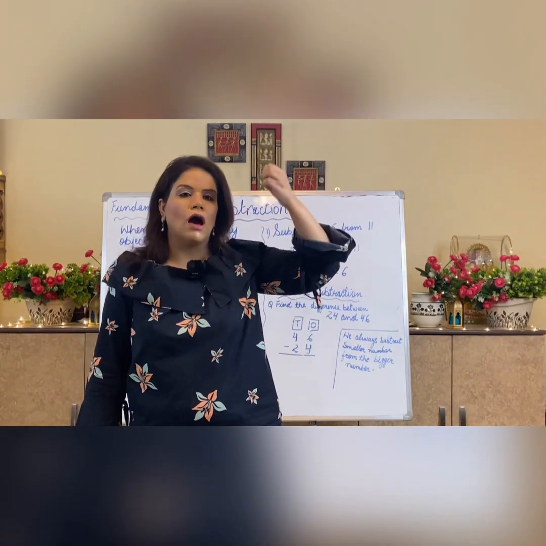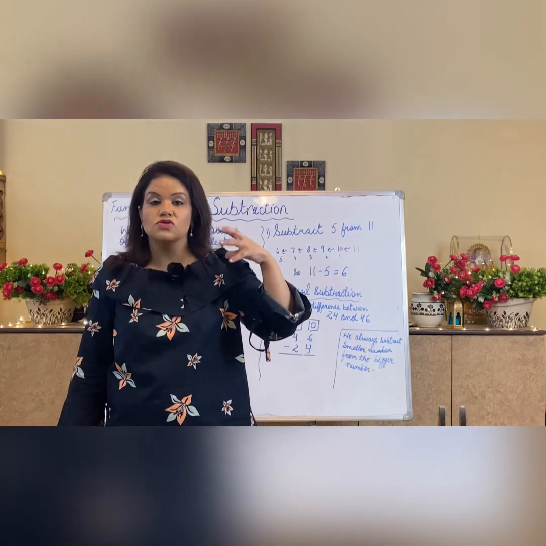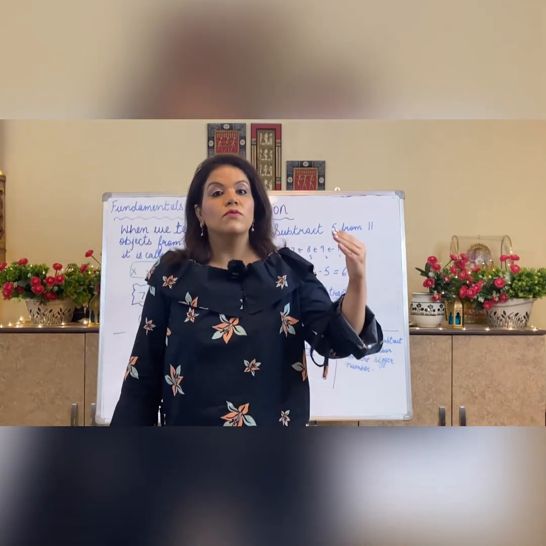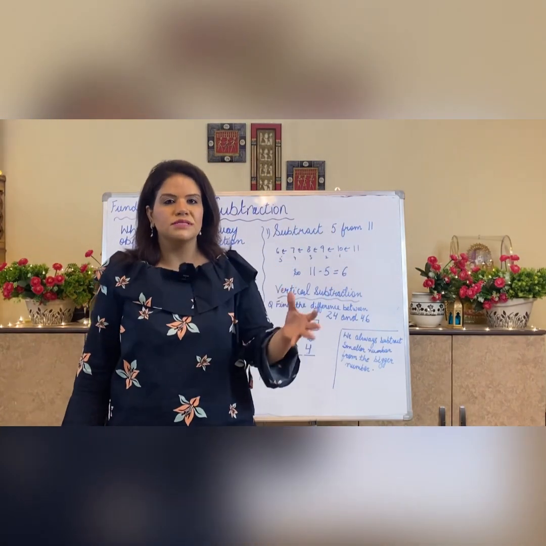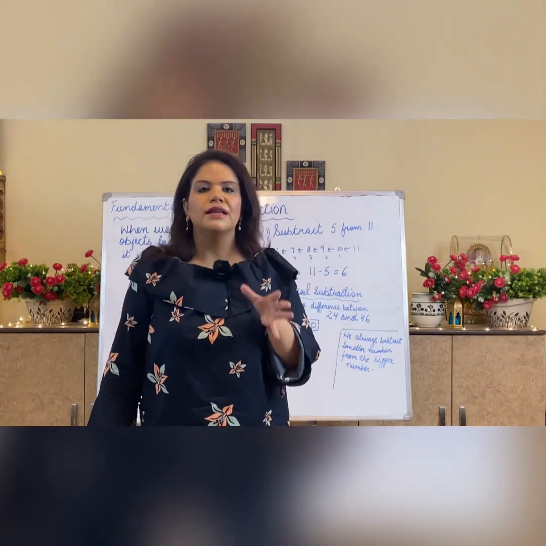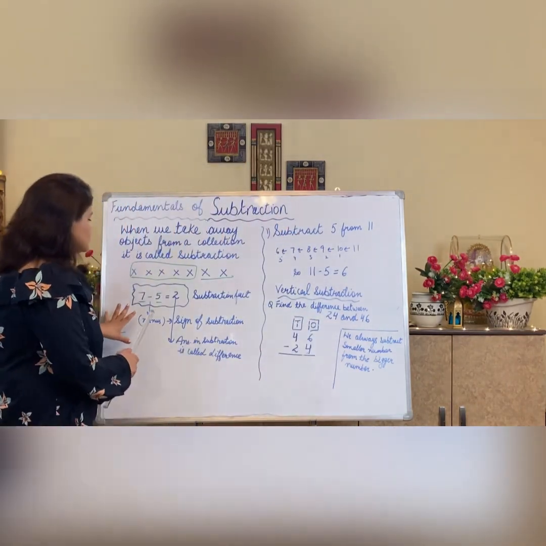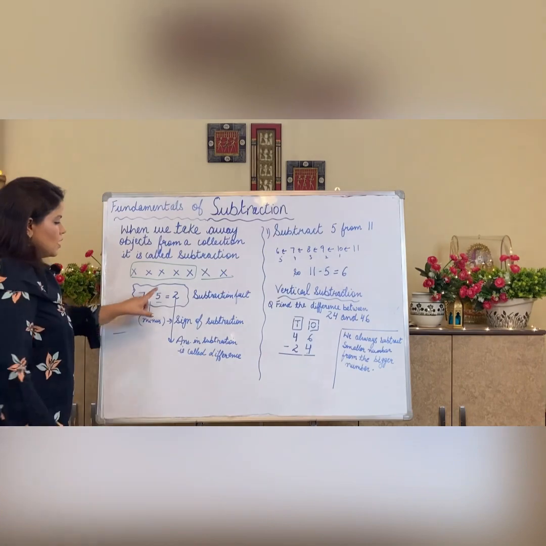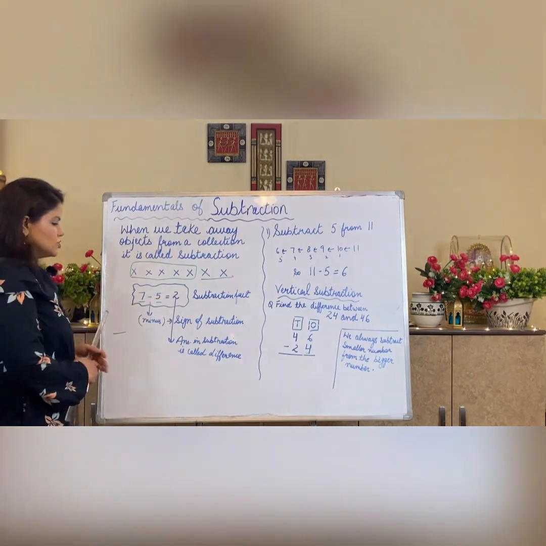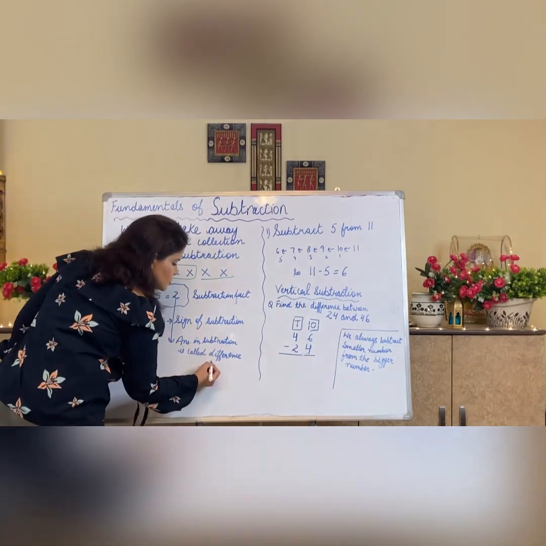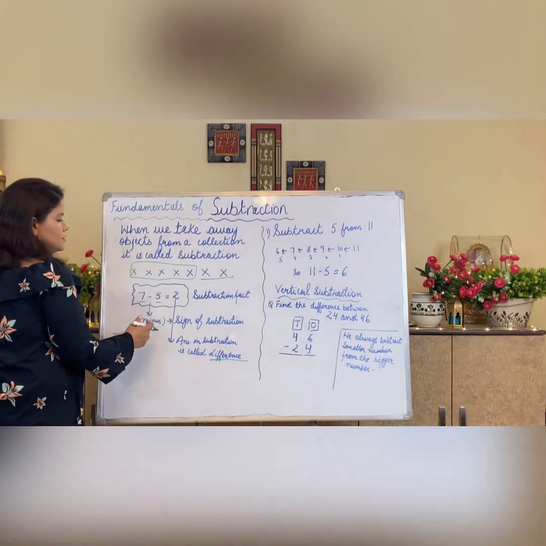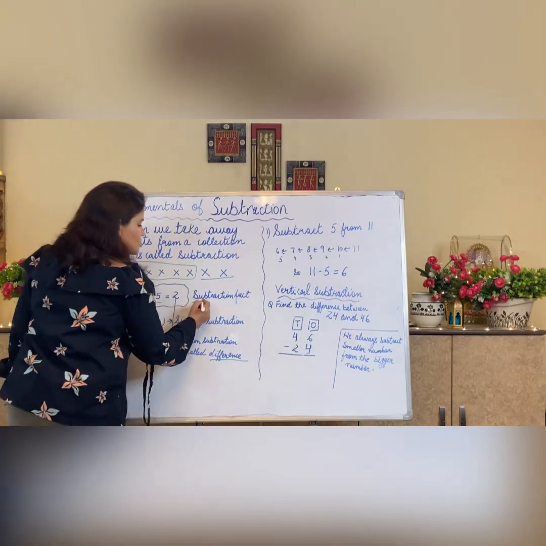From the bigger number, how did we come to the lesser number? So that will show us how many I have subtracted from the bigger number to get a lesser number. So this is the sign of minus, and this is our answer, and the answer in subtraction is called difference.